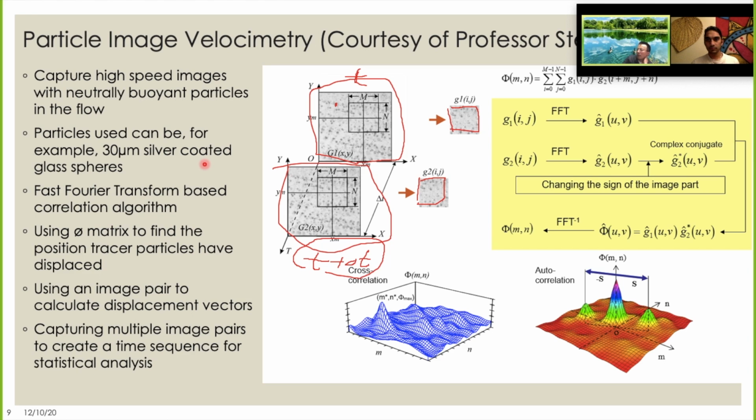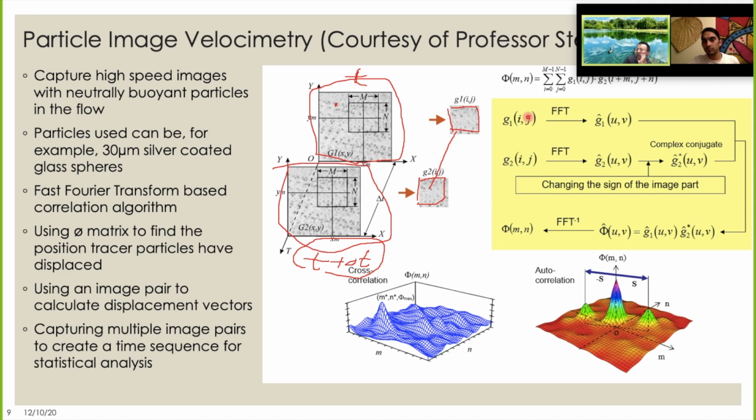Mainly, you should know this is pattern recognition using the correlation method, right? Then if you do that once, let's assume these two are basically the same group of particles at two different times. The G2 is time t plus delta t, and the first one is at time t.